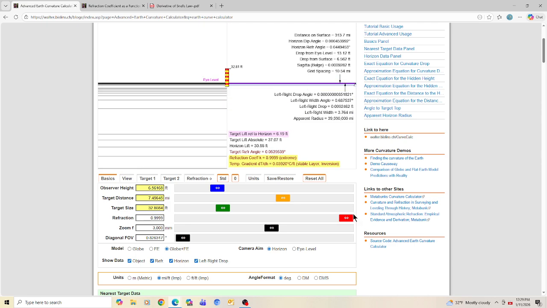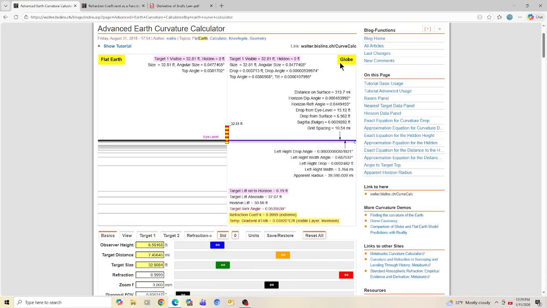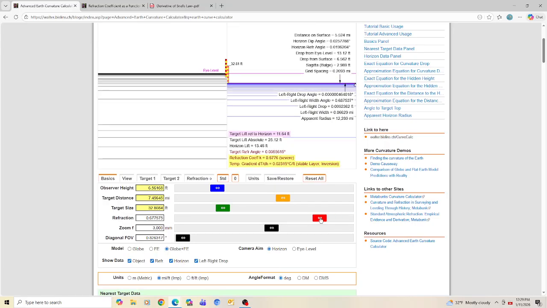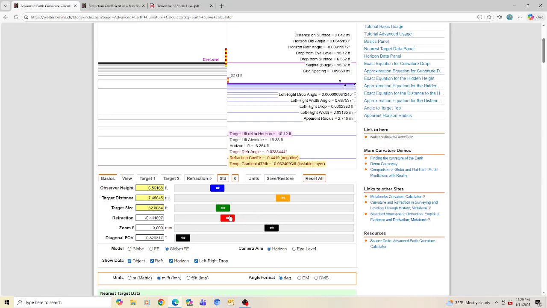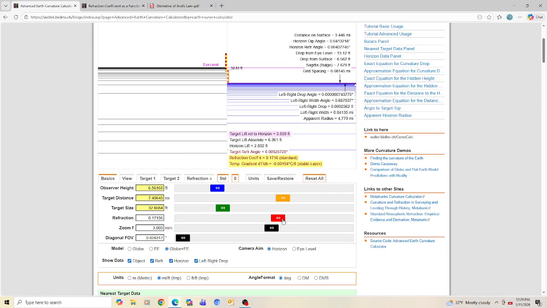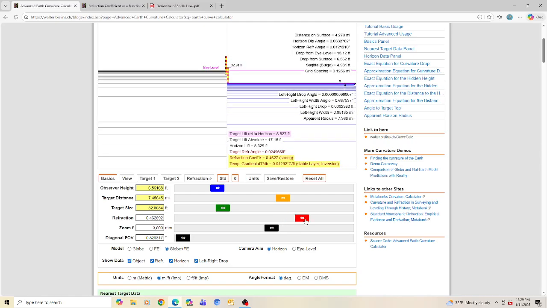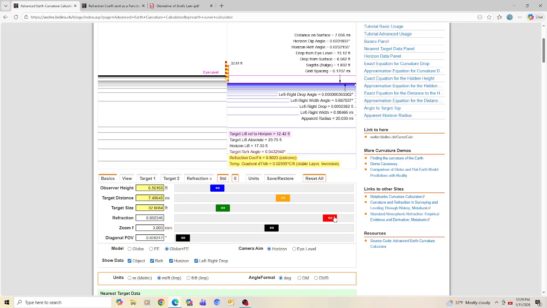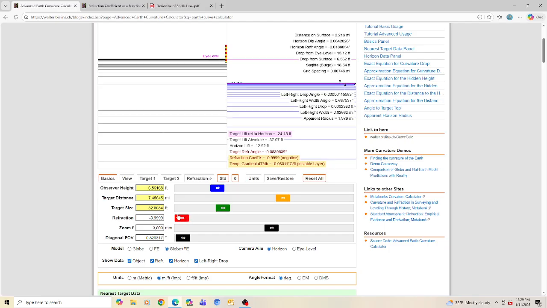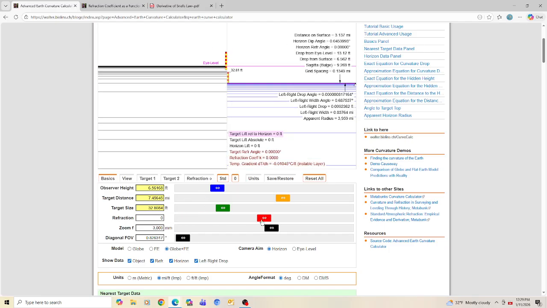Now, as far as the globe, they can take and adjust what they see on the targets in this program based on changing the curvature of the light ray. Okay? Why isn't there any refraction on a flat Earth?